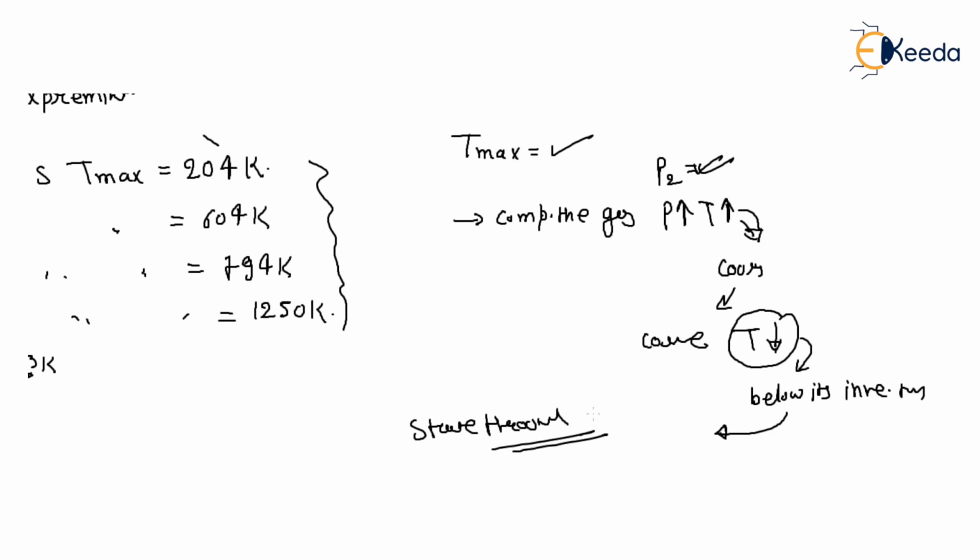Then at a constant pressure, you cool the gas, and the temperature will reduce up to below the maximum inversion temperature. When it reaches below the maximum inversion temperature, then you start the throttling. Then it gives a cooling effect. Okay? This is the process. Thank you very much.